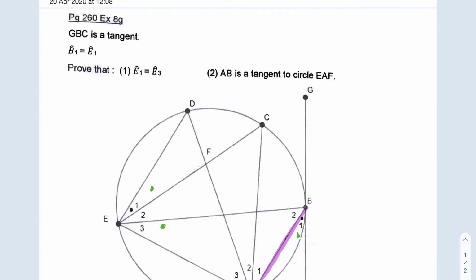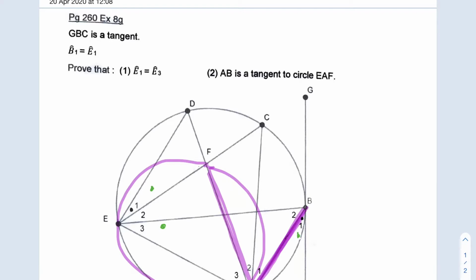Now, I think it's very useful to actually visualize this, to draw ourselves a circle through EAF. It's not done 100% accurately, but basically if we drew a circle through EAF, and we needed to prove that BA is a tangent, then this would be my tangent and this would be my chord in circle EAF.